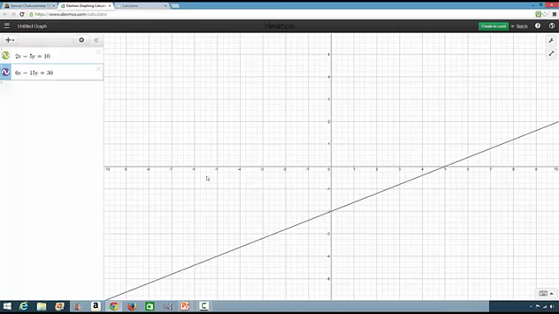Can we generate another one? 2 times 4 is 8x minus 5 times 4, 20y equal to 40. So 8x minus 20y equal to 40. You see, they are superimposed on themselves.